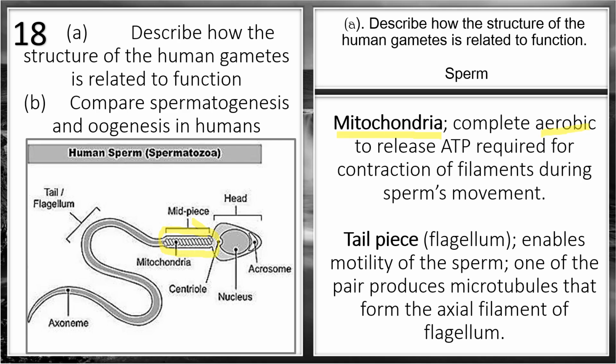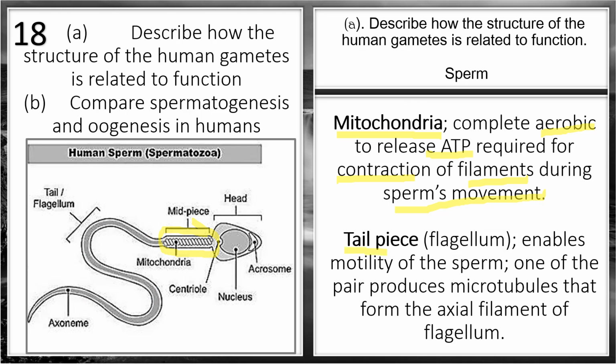These carry out aerobic respiration to release ATP required for the contraction of the filaments during the sperm movement. So the mitochondria that we have in the middle piece carry out aerobic respiration and release energy, which is used by the filaments in the tail to contract and bring about the movement in the sperm.